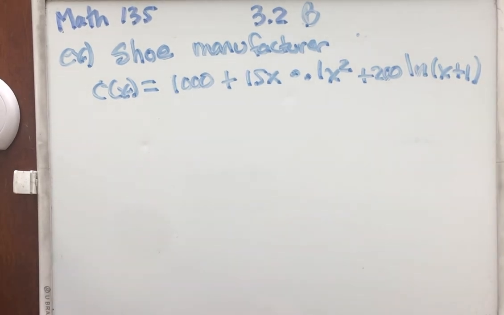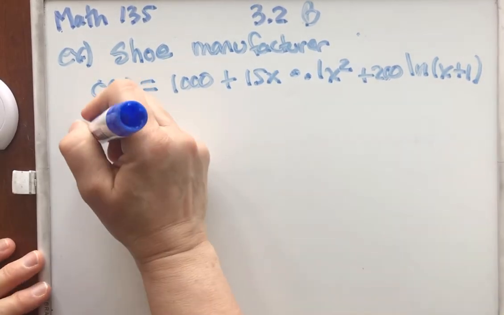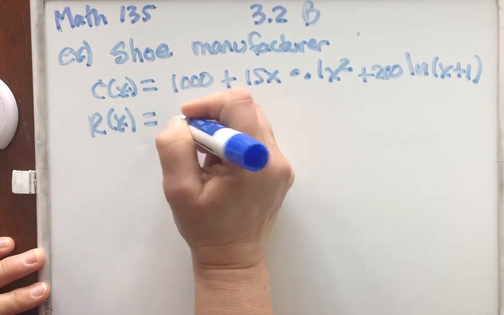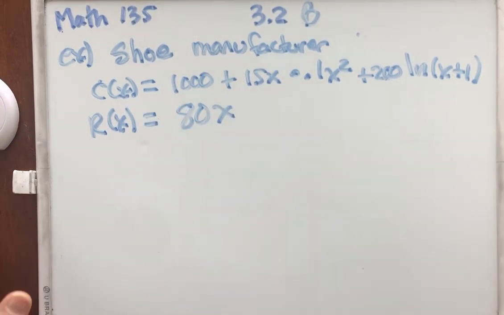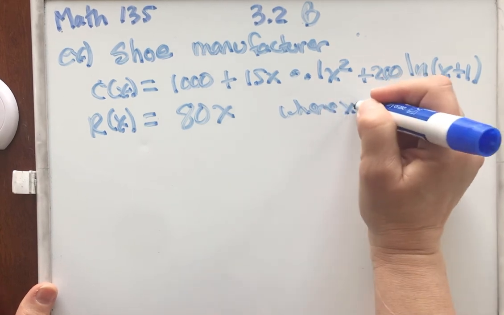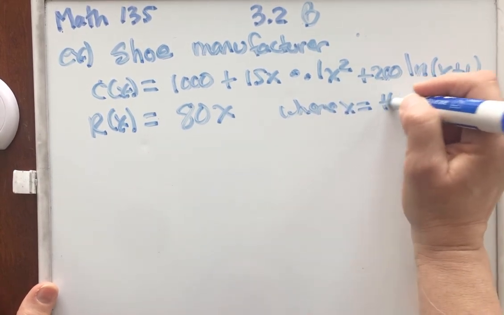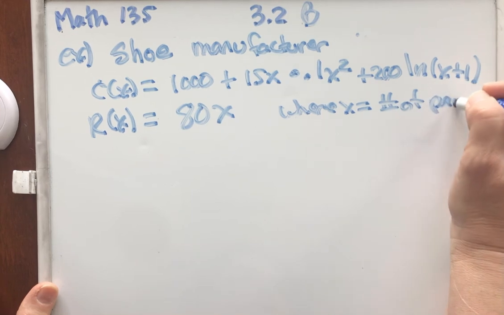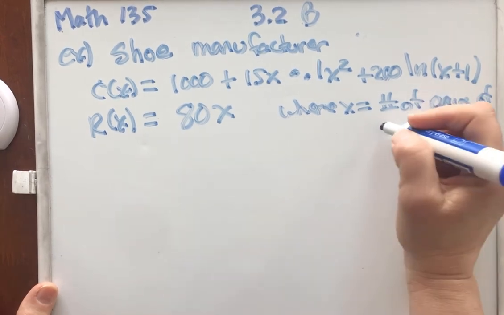Boy, that looks like a lot, right? Well, the revenue function is just going to be 80x. And we're going to clarify where x is the number of pairs of shoes.